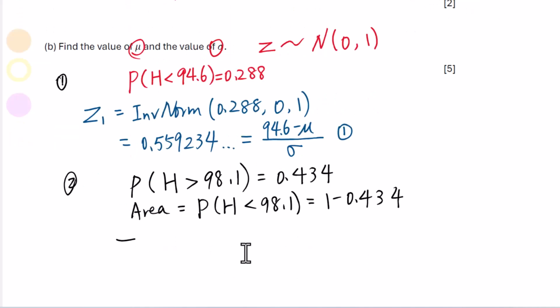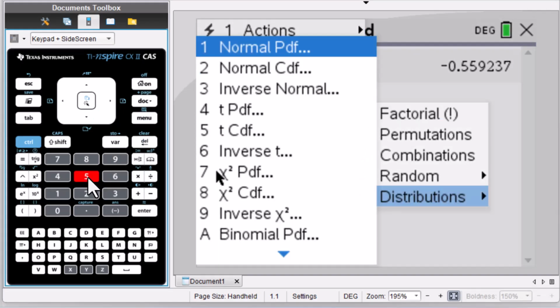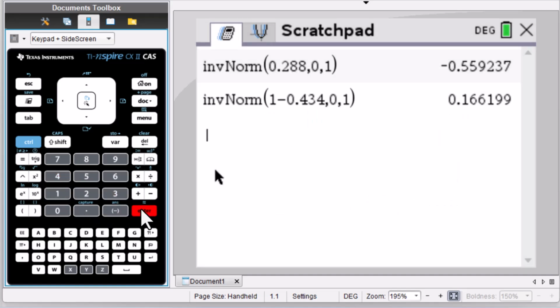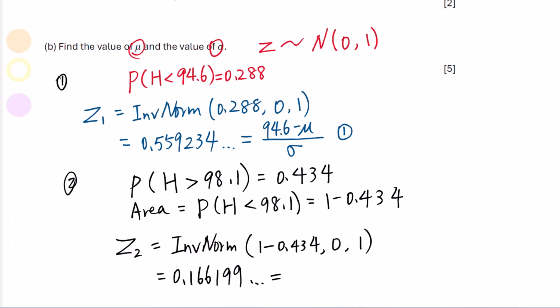So we get z2 equals inverse norm of 1 minus 0.434: menu, 5, 5, 1 minus 0.434. Then enter. Answer is 0.166199 equals 98.1 minus mu over sigma. We will get a second equation.